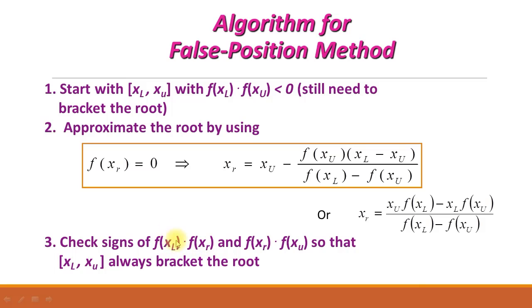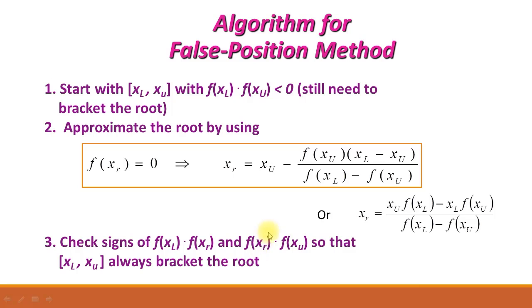If the function has the same sign at xl and at xr, then check the sign of the function at xr and xu. If the function gives us opposite sign at xl and at xr, then we use these two values in this formula for the next root.